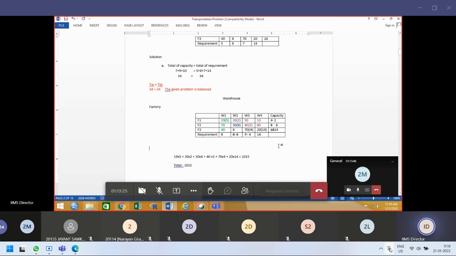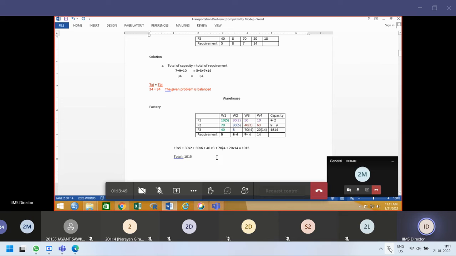Now we have to find out the total cost. The total cost is equal to 19 multiplied by 5 plus 30 multiplied by 2 plus 30 multiplied by 6 plus 40 multiplied by 3 plus 40 multiplied by 3 plus 70 multiplied by 4 plus 20 multiplied by 14, which is equal to 105.